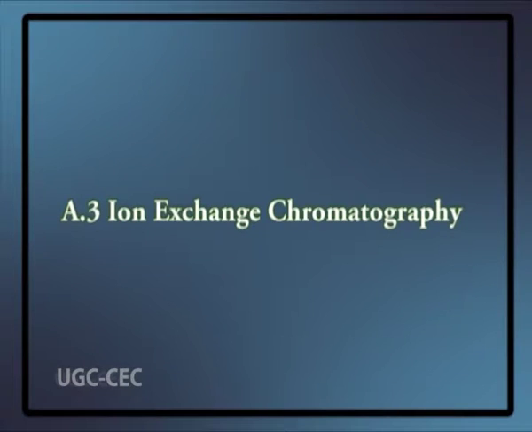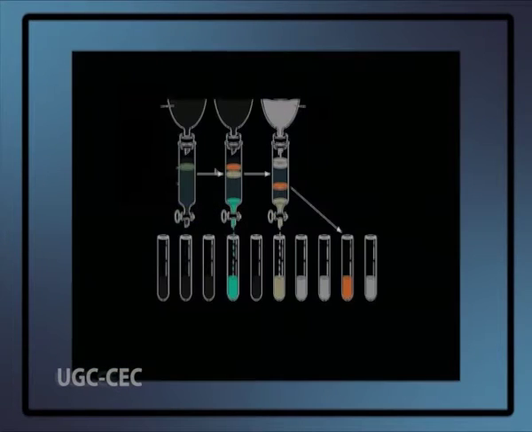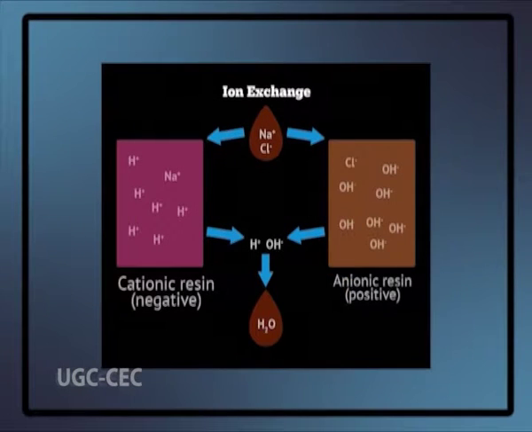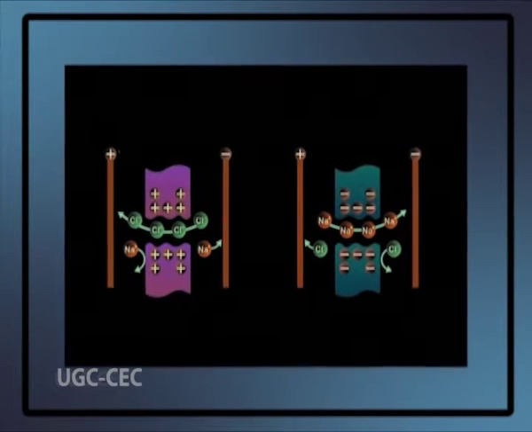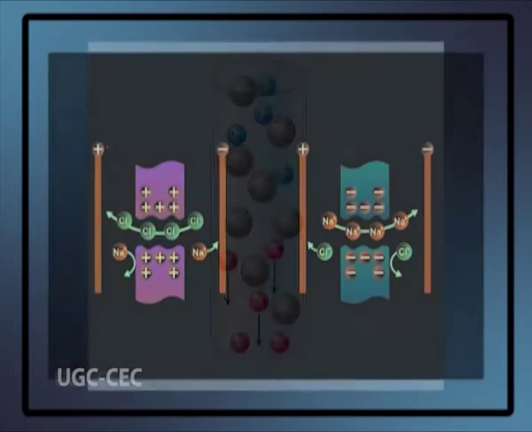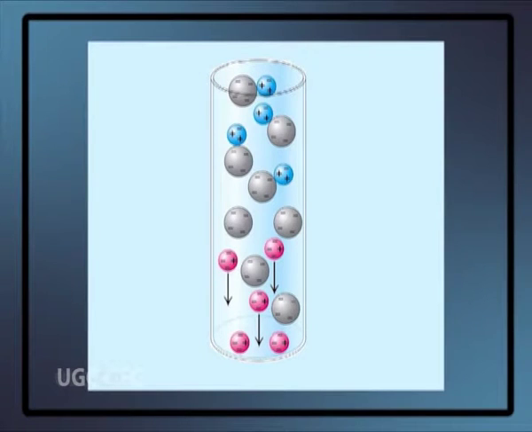Ion exchange chromatography. It is used for separation of charged molecules. The stationary phase is an ion exchange resin to which cationic or anionic groups are covalently bonded. Ions of opposite charges in the mobile phase will be attracted to the resin and compete with the components of the mixture for the charged group on the resin.